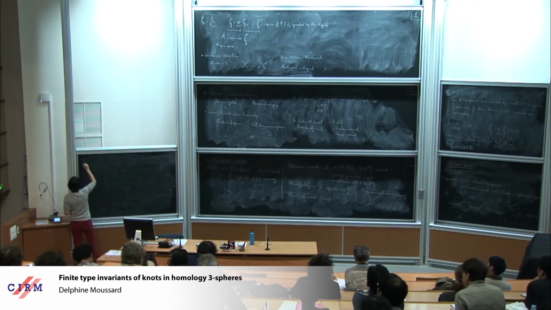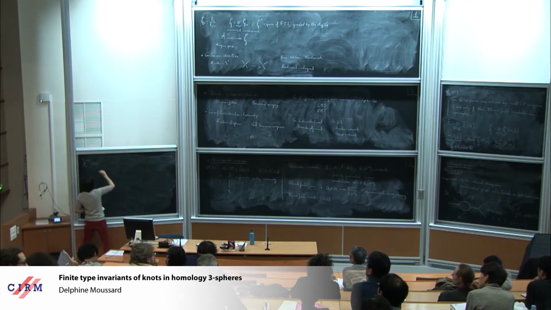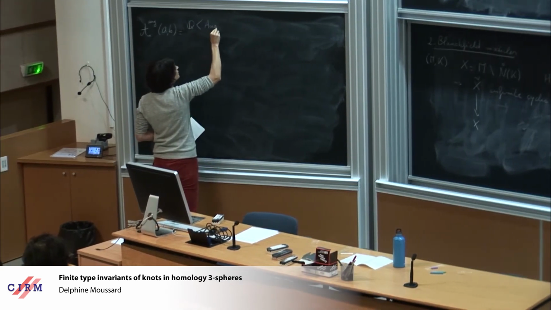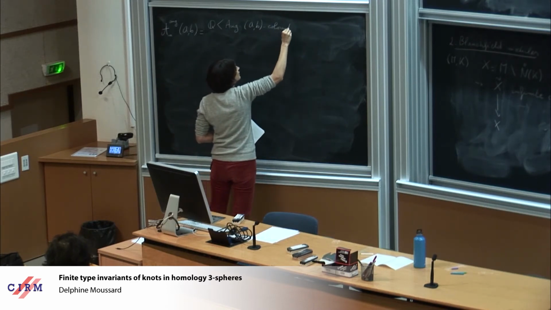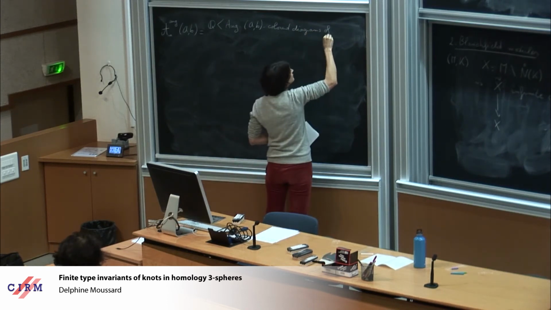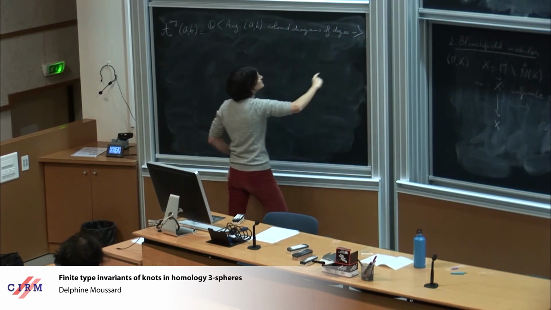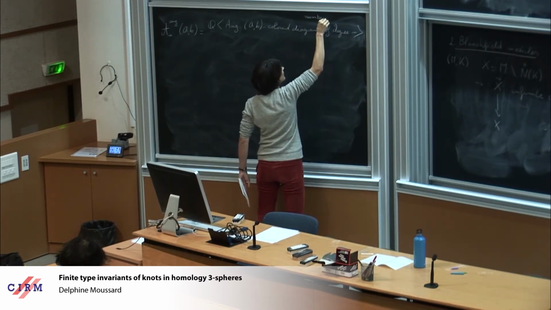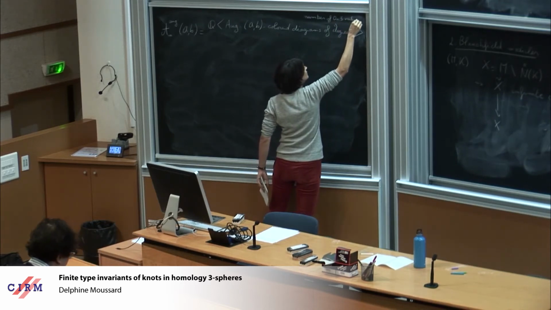So we define the space A_n^og of AB as the rational vector space generated by all augmented AB colored diagrams of degree n. Here the degree is the number of 0 or 3 valent vertices.